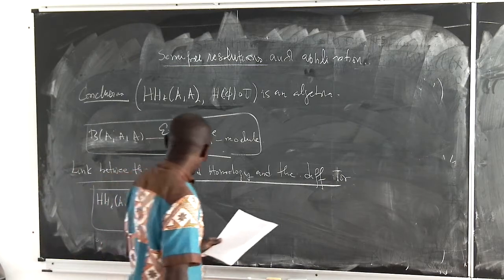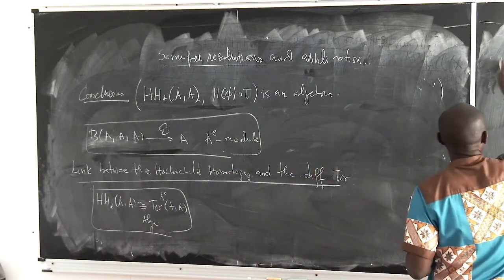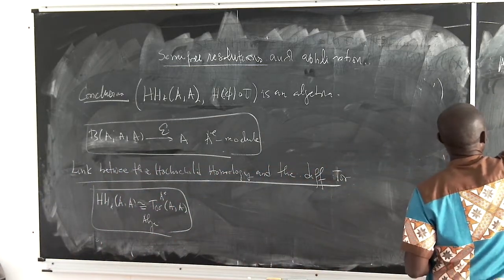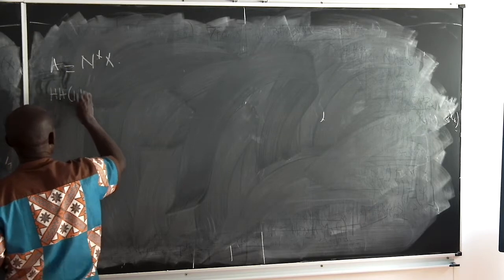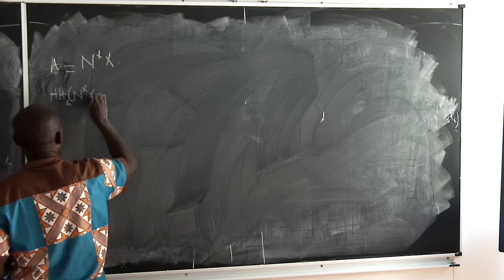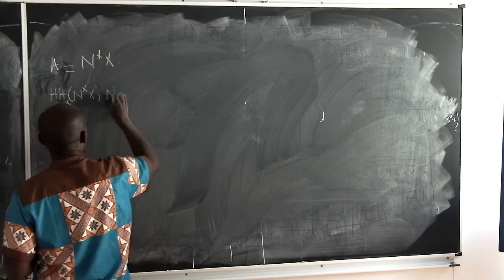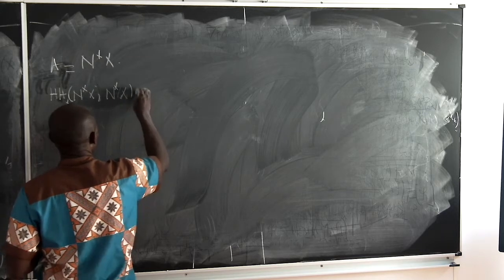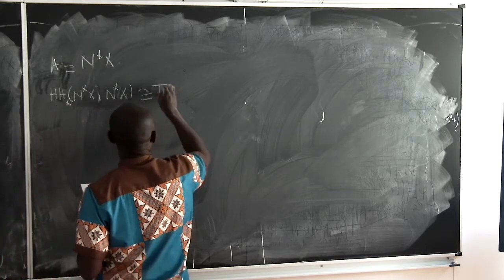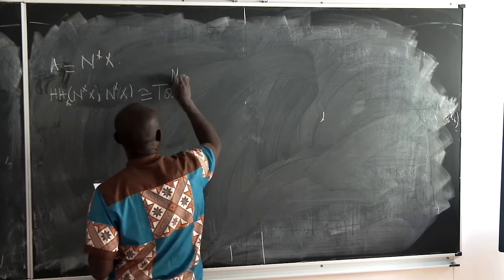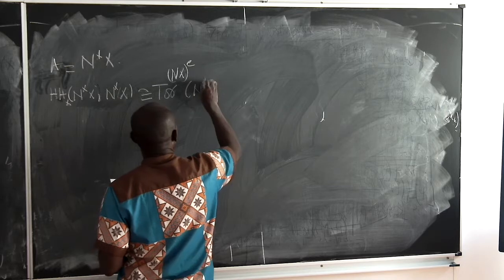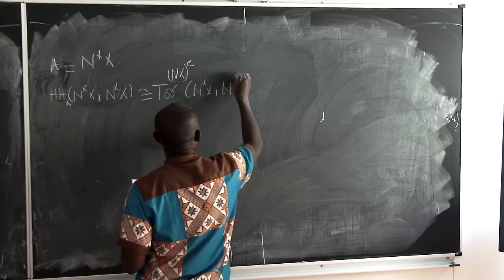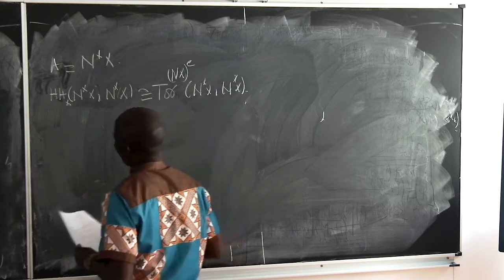So by using this relation, if we assume that our A is equal to Nx, then we have the relation between the homology of Nx. Okay.